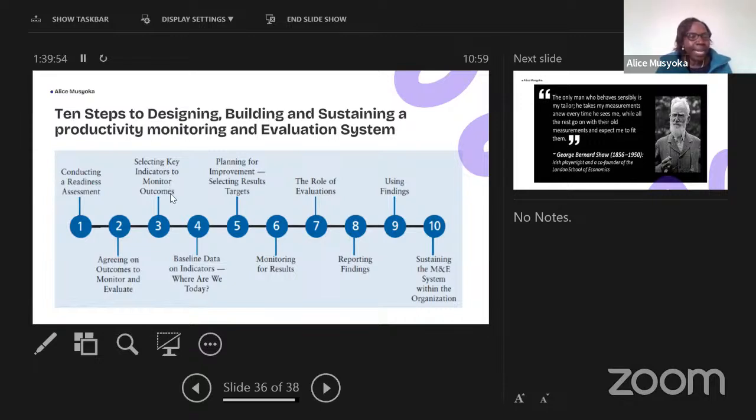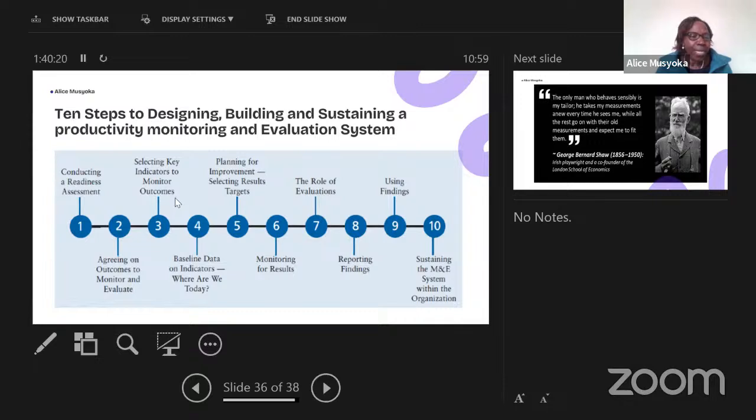If we are measuring outcomes that are rather quantifiable, then it will be easy. Like if we are measuring on products, we are looking at, first of all, the outputs that are there.